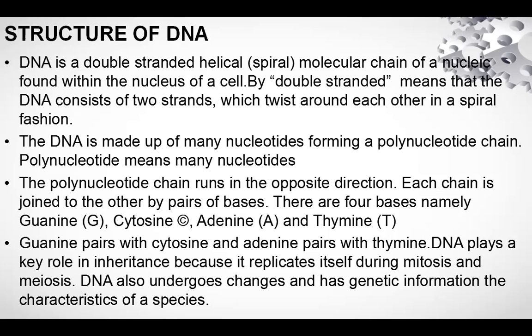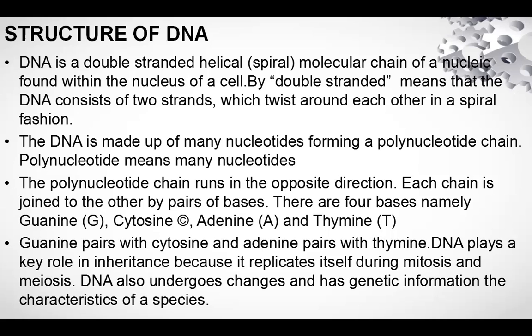Now the polynucleotide chains run in opposite directions, and each chain is joined to the other by pairs of four bases, namely guanine, cytosine, adenine, and thymine. So those are the main bases that are joined to the chain. The guanine pairs with the cytosine, and the adenine pairs with the thymine.